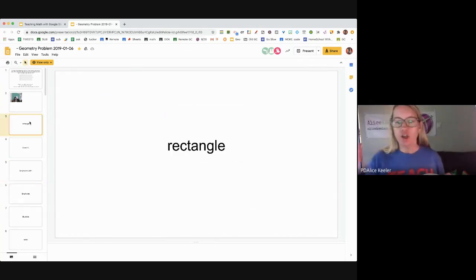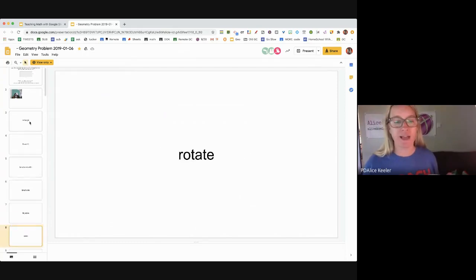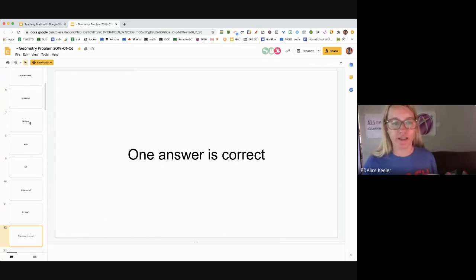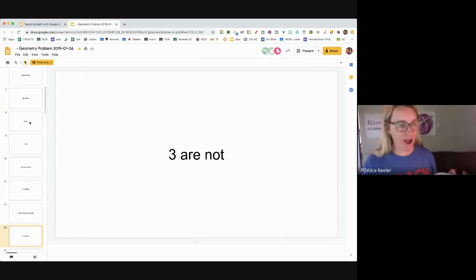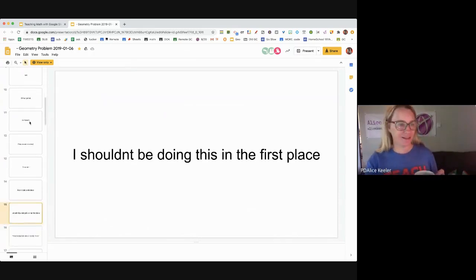And like I said, no observation is too stupid. Just start observing things. The line is red. That's a great one, right? There's a rectangle. There's a 6 and a 10, length and width, small sides, big sides, rotate. There's a 150. There's a weird symbol. There's 4 answers. One of the answers is correct. 3 of them are not. Math I don't understand. I shouldn't be doing this.